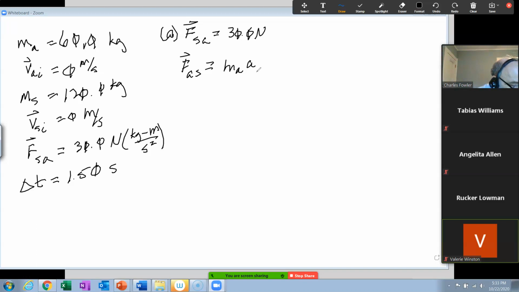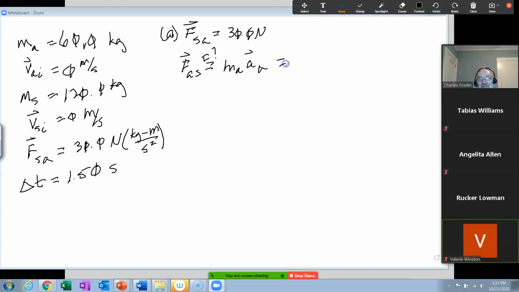I forgot to write it down. Compare the forces exerted. No, this was the unknown. I should have put my question mark there first. Okay, mass of the astronaut times the acceleration on the astronaut. Okay, acceleration, by the way, is a vector quantity too. But frankly, it doesn't matter, because what does Newton's third law say?